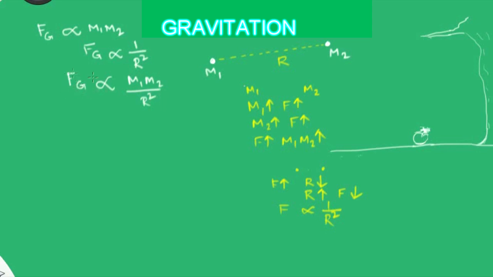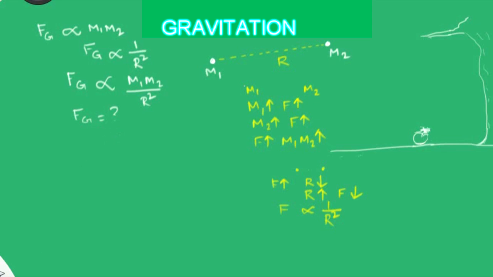Now this force is proportional to these parameters. What will this force be exactly equal to then? To understand this, we need a clear concept of what a proportionality constant is.